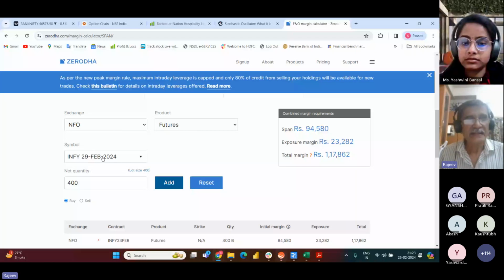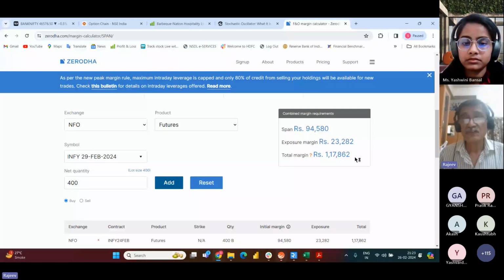That is the expiry date, and this is part of the instrument name that I am buying. I want to buy 400 units, which is a lot size. And if I say add, it tells me how much margin I need to have in my trading account. It is telling me span margin plus exposure margin, you need not bother about this at this moment, but total margin required is 1,17,000.